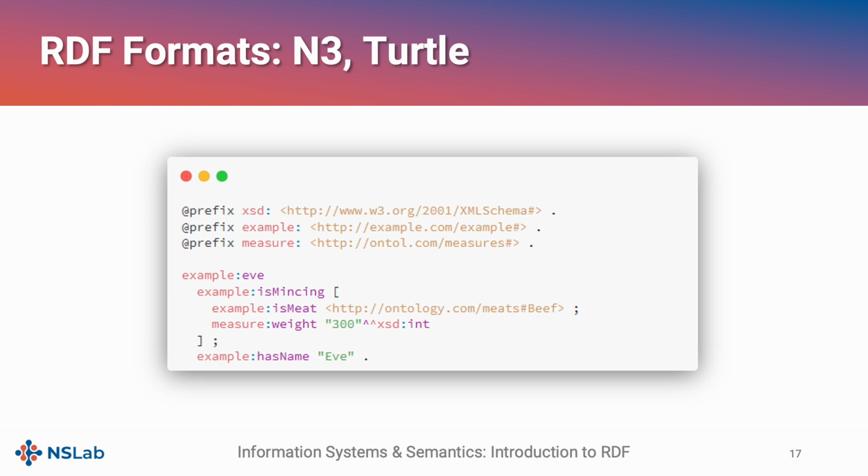And then we start with the subject, example Eve, and then we have two predicates: example is mincing, then some blank node, and example has name Eve as a string. And in the blank node, in the square brackets, we have two more statements about this blank node, that it is the beef meat and that it weighs 300 as integer.